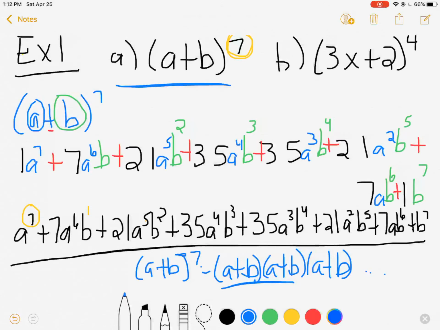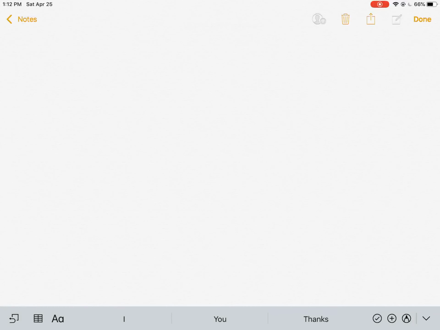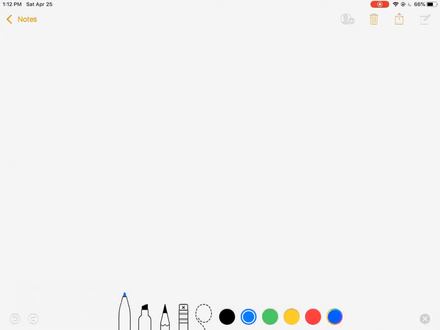All right, let's look at B part. On B part, we have 3x plus 2 to the 4th. So because of this power of 4, I'm going to look at the 4th row of Pascal's triangle.